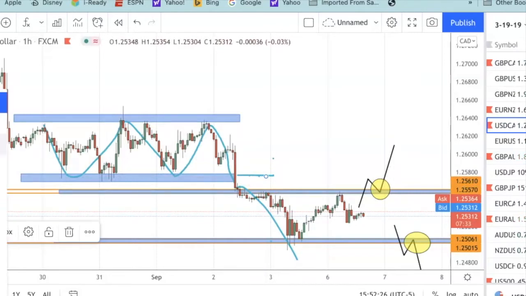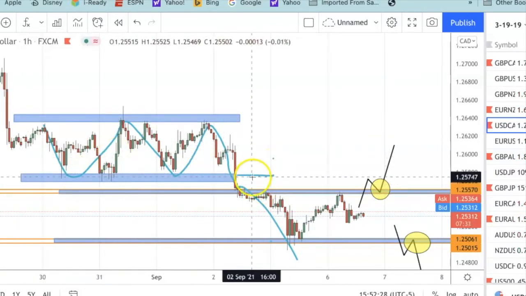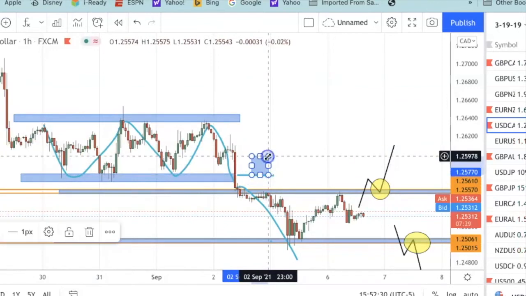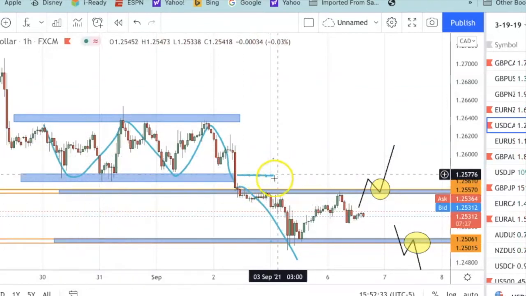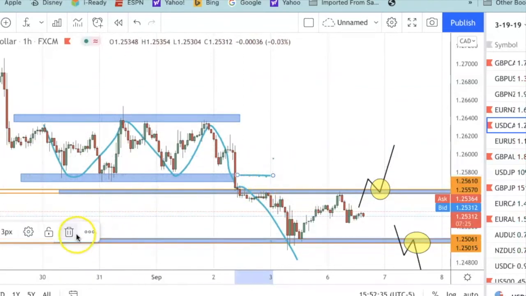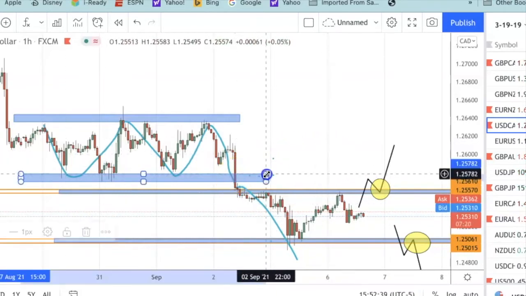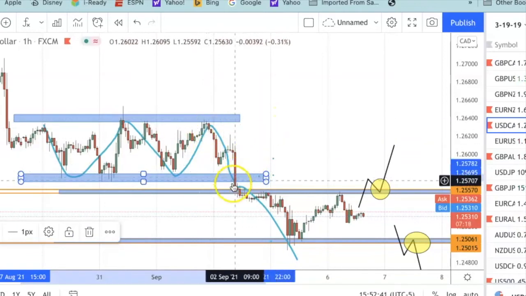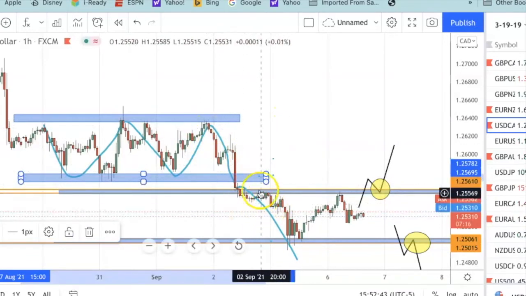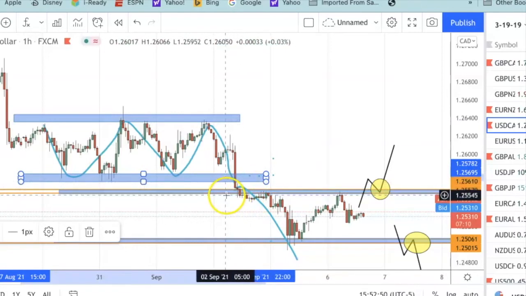Go to rectangle, go back to this. Okay, delete that. All right, there we go. So this rectangle, I just want to move it over, to show you where this happened, where price broke out on this candle. This was a break on this candle, and it looked like it touched this zone for a potential retest.